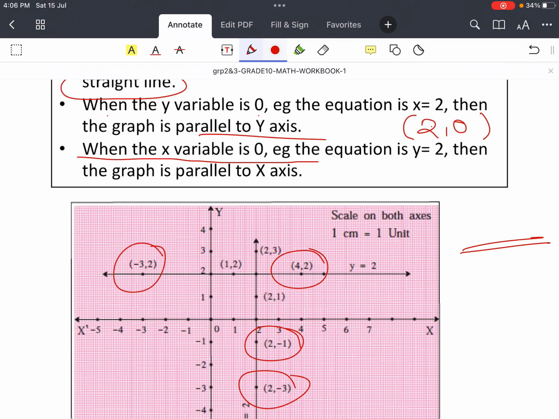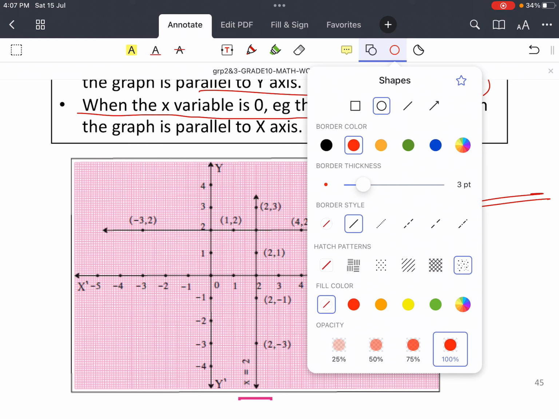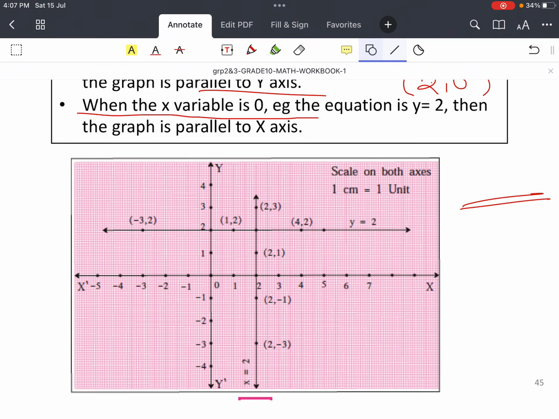They are shown on this particular line. So if you want to draw such types of graphs, then what do we have to do? Let's see. The first point that we want to plot is 3, minus 2.